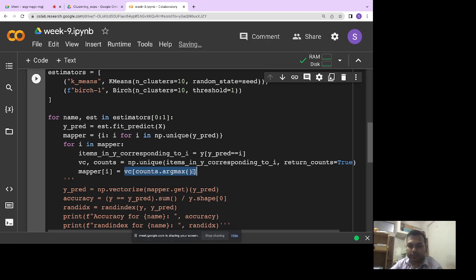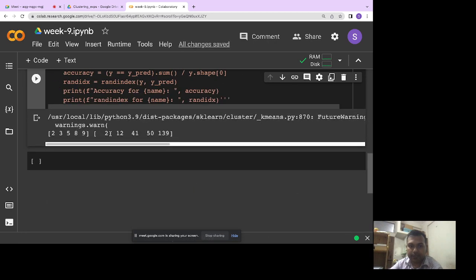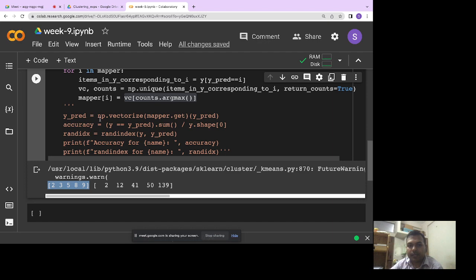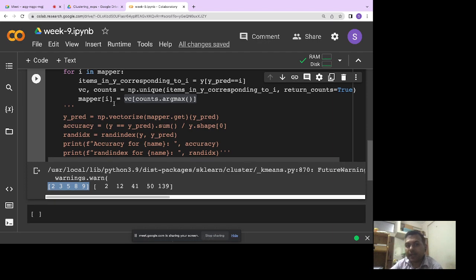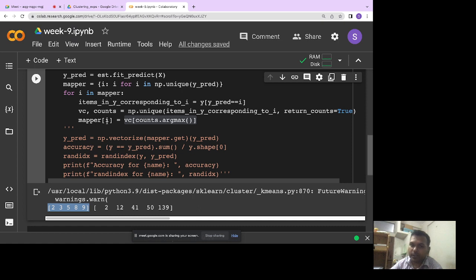For example, if you take the argmax of this, it will give you the index 0, 1, 2, 3, 4, and then you are taking the 4th point in this particular array, and that comes out to be 9. Therefore, my mapper of I equal to 9 means that what was 1 in my target is actually 9 in my k-means. So this is the way in which you have to calculate the accuracy in k-means, because the clustered indices that will be returned to you are not in your hand, right?